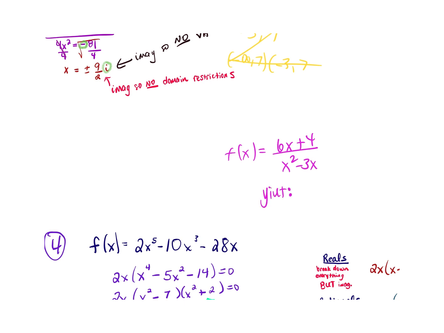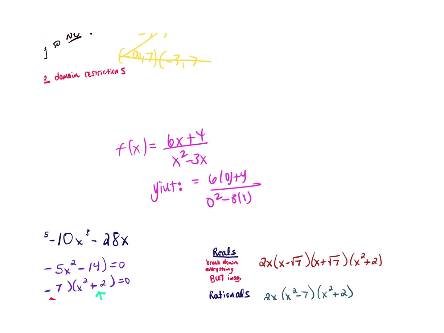How do you find y-intercepts? Okay, 0 into everything. So 6 times 0 plus 4 over 0 squared minus 3 times 0. 6 times 0 is 0. So I have 4 over what? 0. What does that mean? There's no y-intercept. It's not 0.